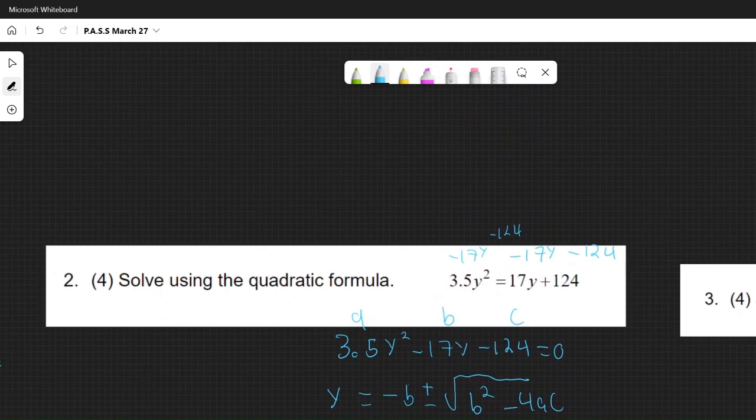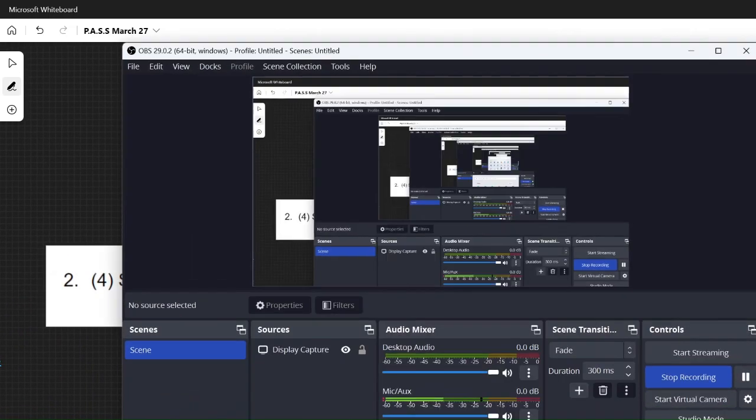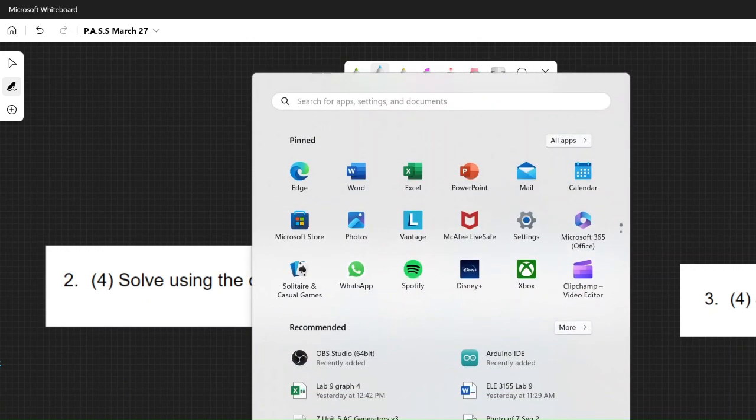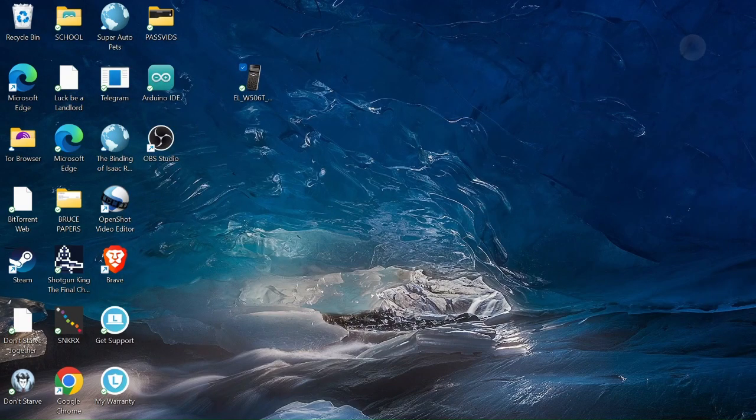So we have 3.5, negative 17, and negative 124. Oh, sorry, I accidentally closed my calculator down.